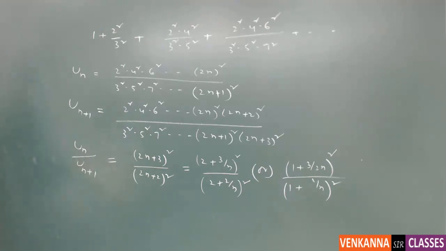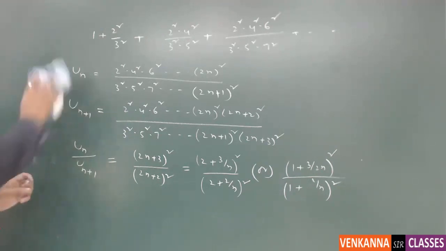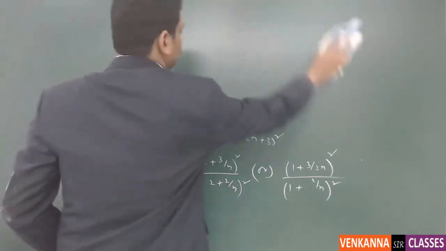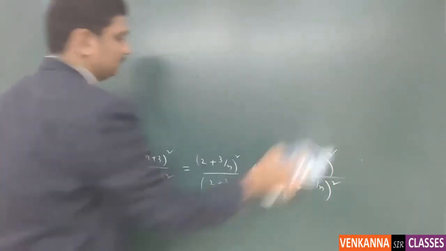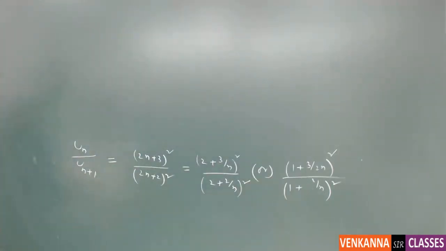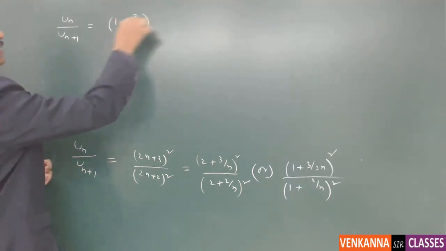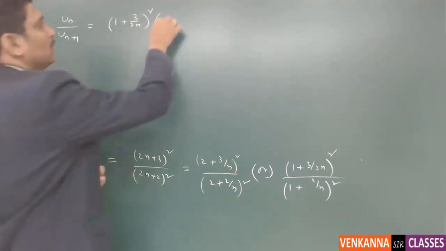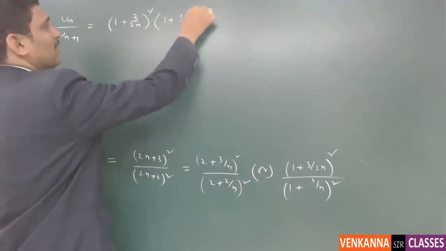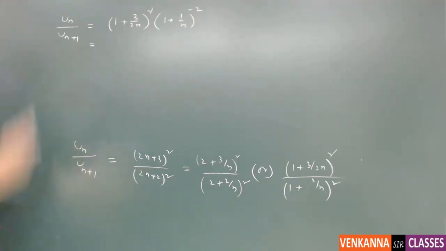Right. So here, if I consider un by un plus 1, you can say it as 1 plus 3 by 2n whole square into 1 plus 1 by n whole power minus 2. The first term, you are applying as a plus b whole square.